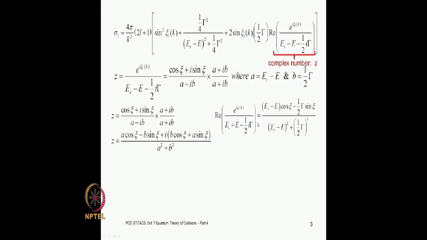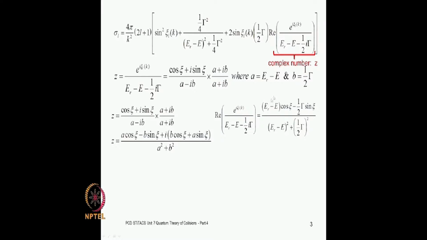Okay? So we need the real part of this complex number, the real part of z, or zed as the young people call it. My generation always called it zed, but now it is z, I think. So this is the real part of this complex number z, and what do we have here?